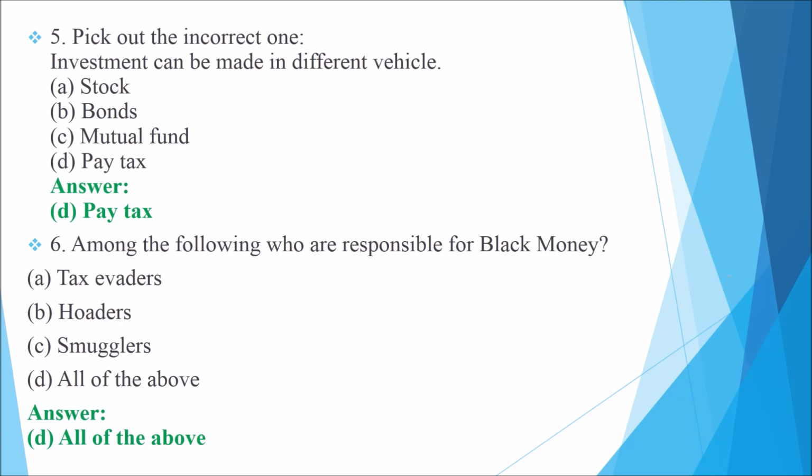Question number 6. Among the following, who are responsible for black money? Option A, tax evaders. Option B, hoarders. Option C, smugglers. Option D, all of the above. So the correct answer is option D, all of the above.